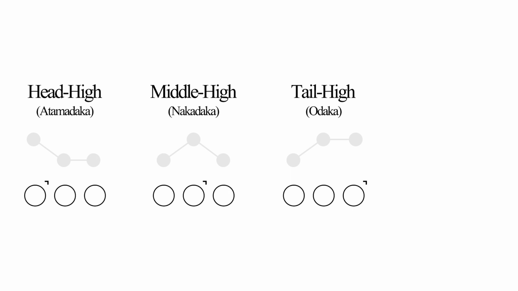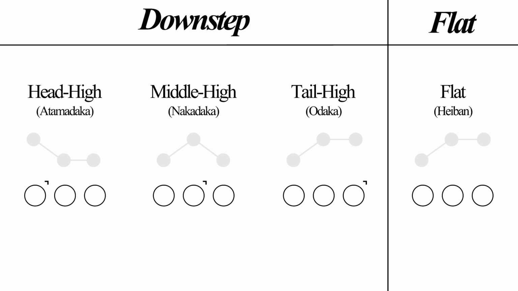Tail-high pattern. 4. Flat pattern. Depending on whether a word has an accent or not, I know there are actually words with no accent. Anyway, depending on whether a word has an accent or not, we can categorize these patterns into 2 groups: downstep type and flat type.